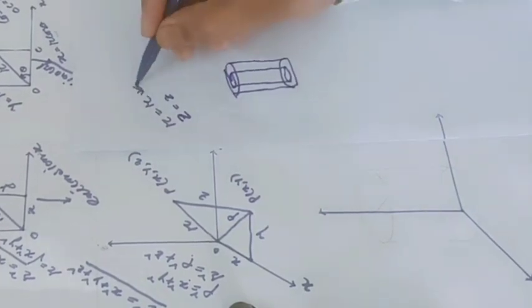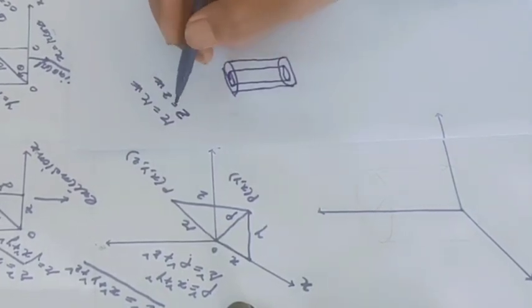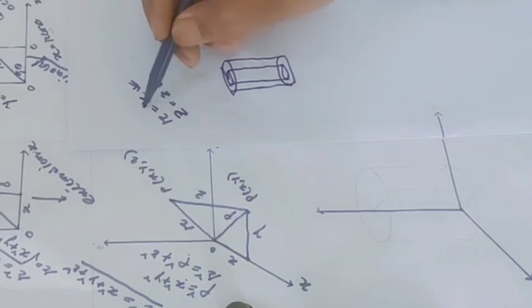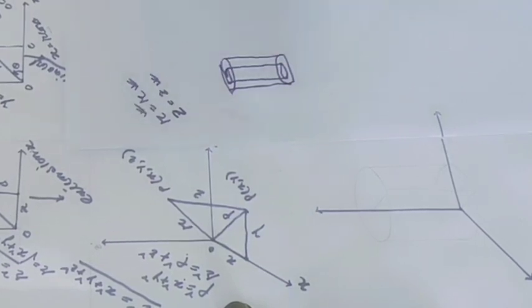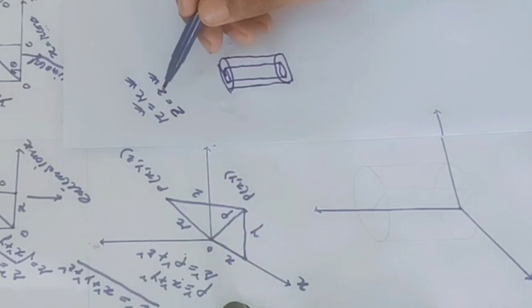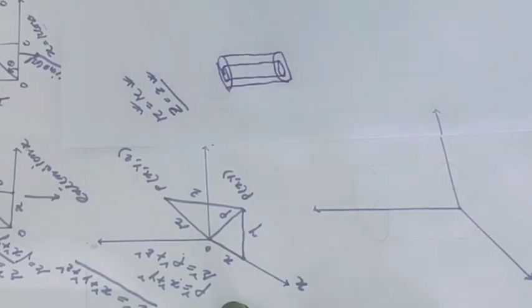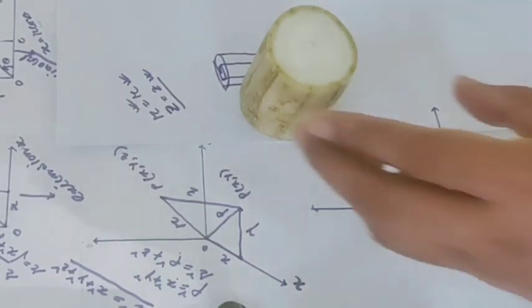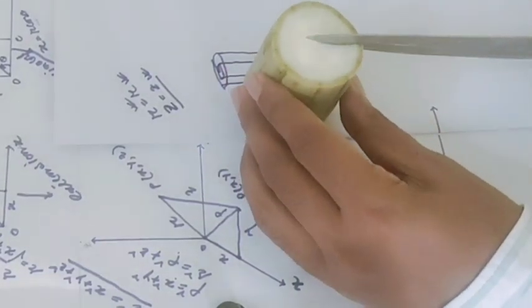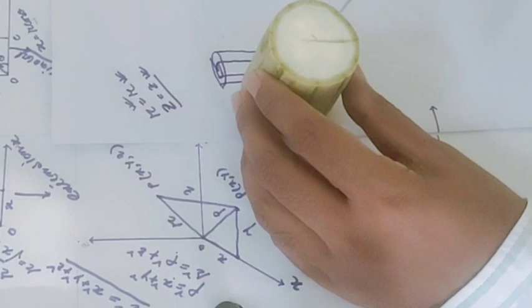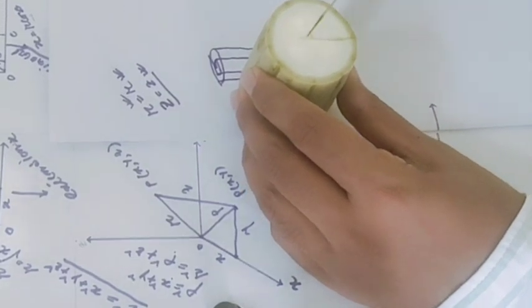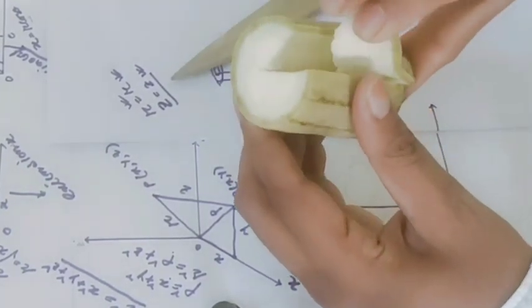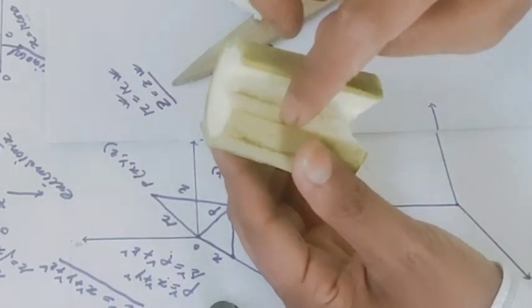r is a variable, z is a variable, because you have understood that when you change the radius, you will get the whole cylinder, and when you change along the z-axis, you will get the whole cylinder. Now you see what the other variable is. You can cut this again into horizontal slices. If I cut into this, then it will make an angle theta.